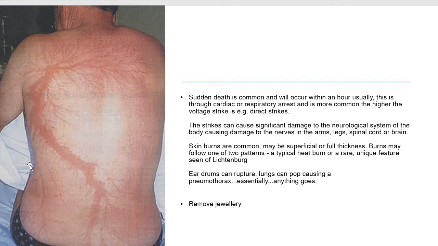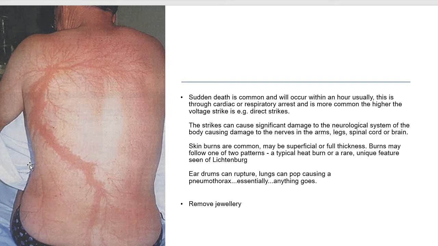So before there's any chance for rescue services to actually provide any form of worthwhile input, and this will either be through a cardiac arrest, so putting the heart into an electrical rhythm that means that it can't circulate blood around the body, or it may be that it suddenly impairs the body's ability to breathe, and so these patients will often be dead on arrival of medical services, and I suspect there's relatively little that can be done for them by us.